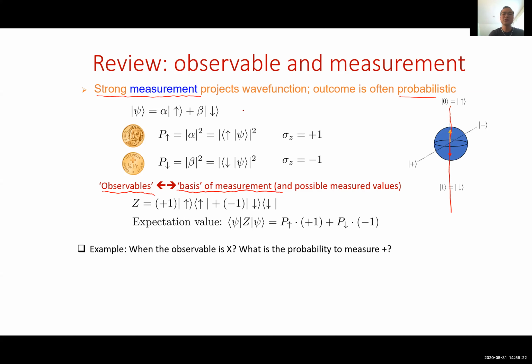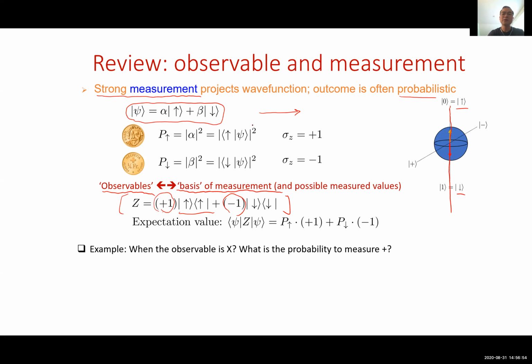So you are given a wave function, it's in a superposition, but when you perform the measurement, the observable is described, in this case, by Z. Remember, this is along the up and down axis, and +1, -1 are simply the value you're going to read out, kind of a scoring system.